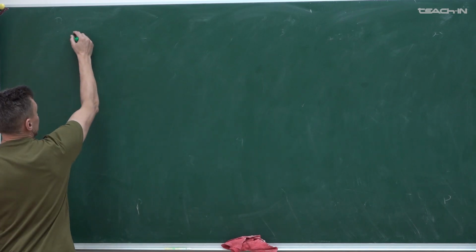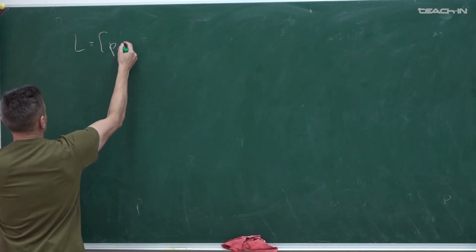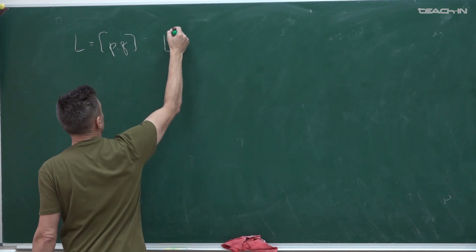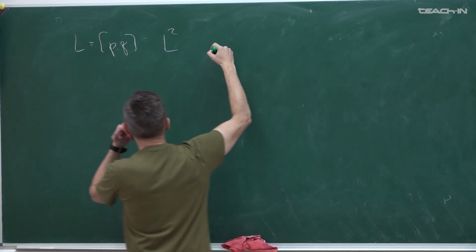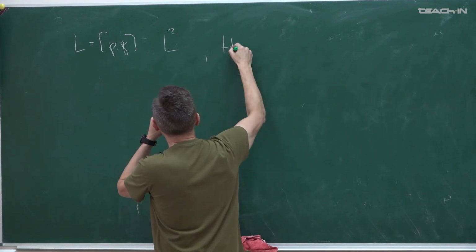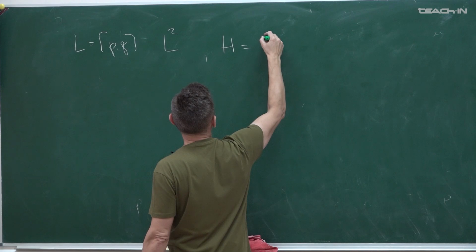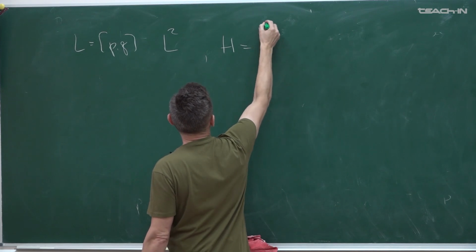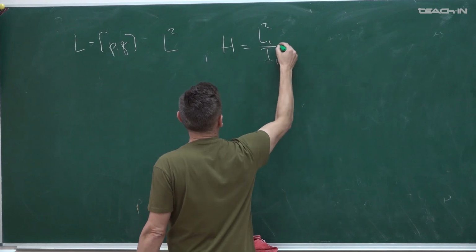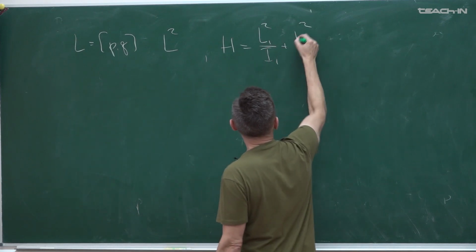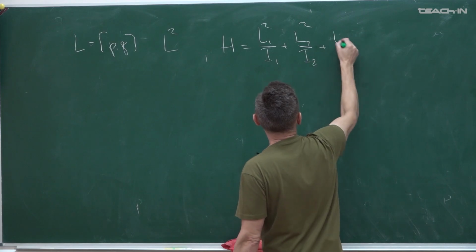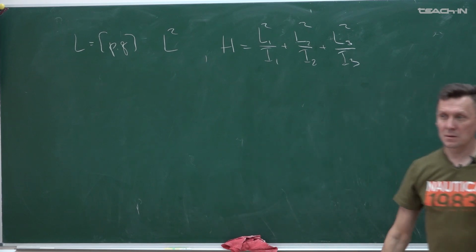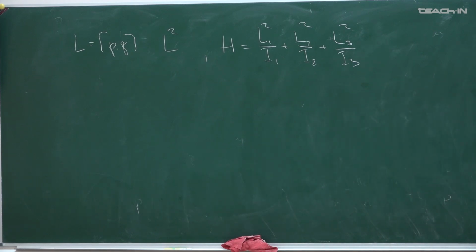So there is also L, which is PQ. There is L square, which is an integral, and there is a Hamiltonian, and they commute.